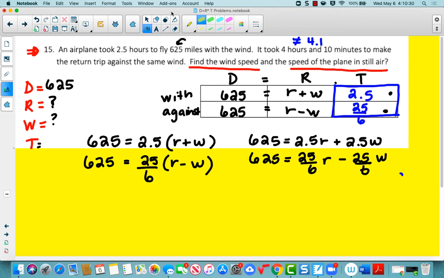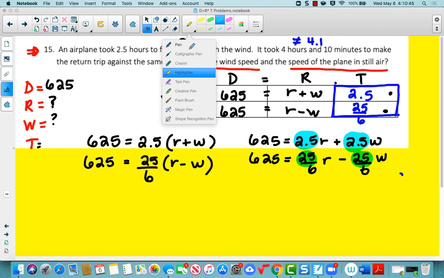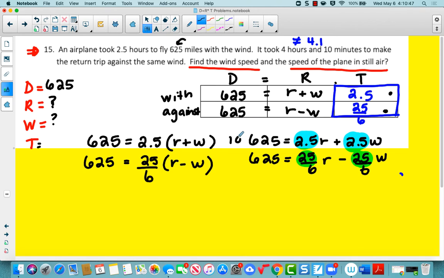You have a lot of different things you could do here. But I saw that this was 25 and this was 25, and this was 25 as well. So I wondered if I could just move the decimal over one place. To do that, I can multiply the entire top equation by 10, and I can clear out the fractions in the bottom by multiplying the entire equation by 6.